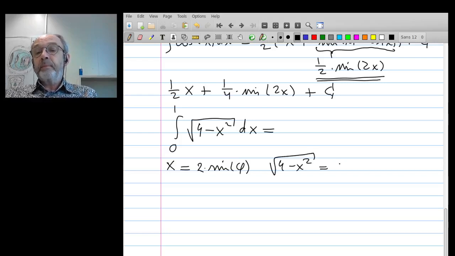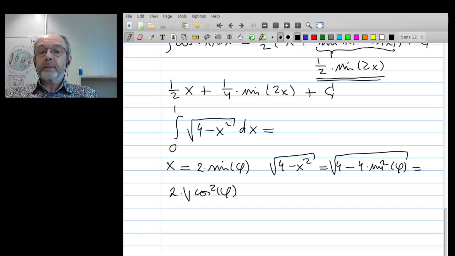If you fill in, you get 4 minus 4 times sine squared, taking the square root of it, and we get out of it 2 times the square root of cosine squared, and this one will give you 2 times the absolute value of the cosine of phi.